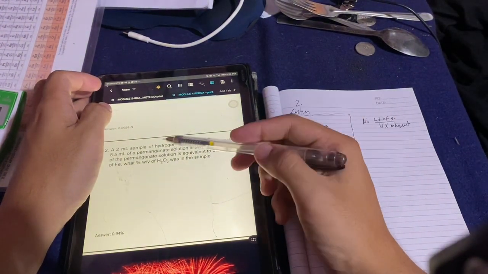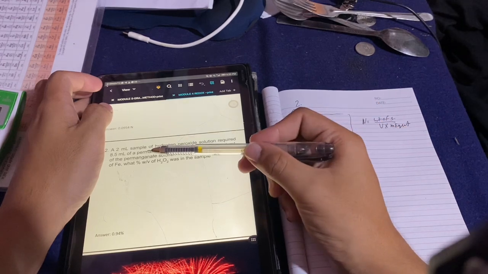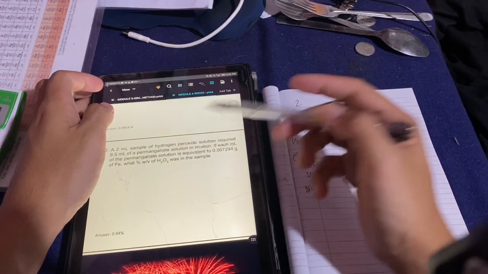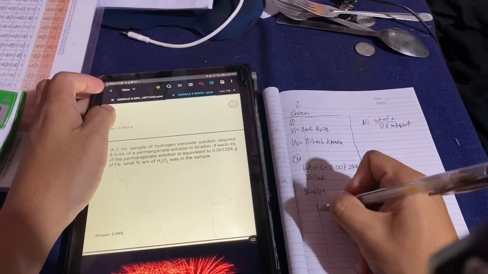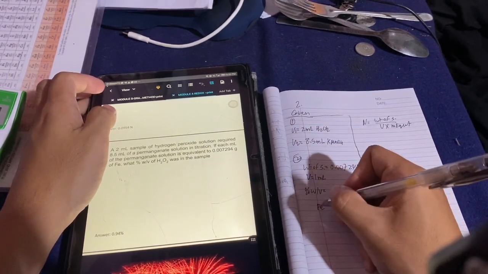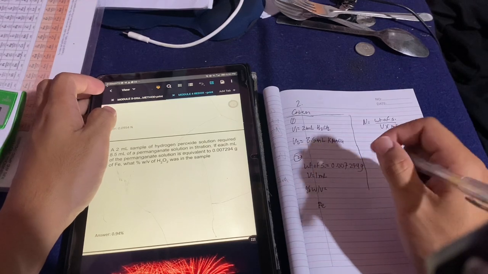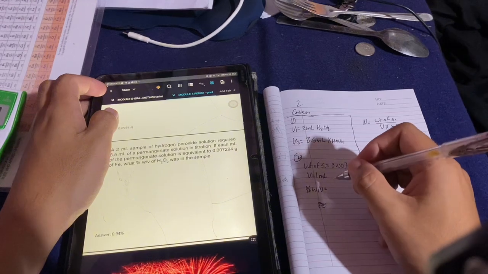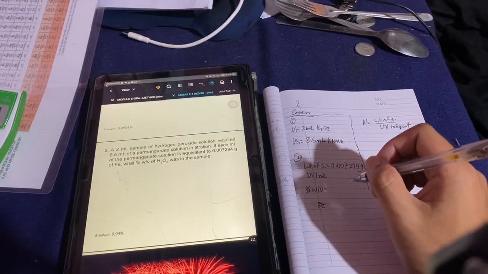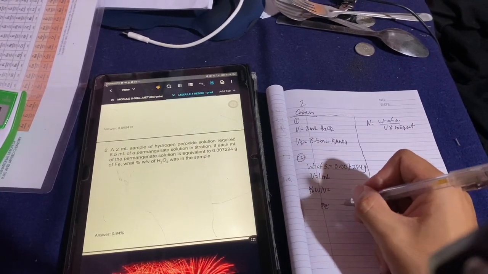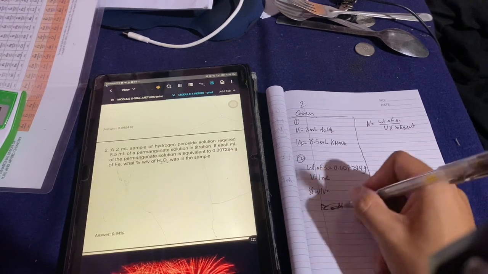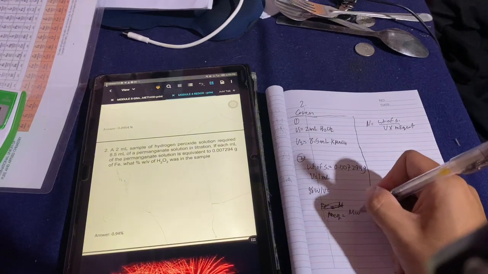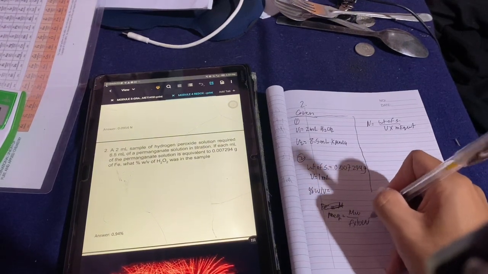Our analyte is the Fe, if each ml of permanganate solution is equivalent to 0.007294 of Fe. The iron is our analyte because its weight is the one provided. What we will do is very simple, guys. We get the milli equivalent weight of Fe, so molecular weight over the factor times 1000.